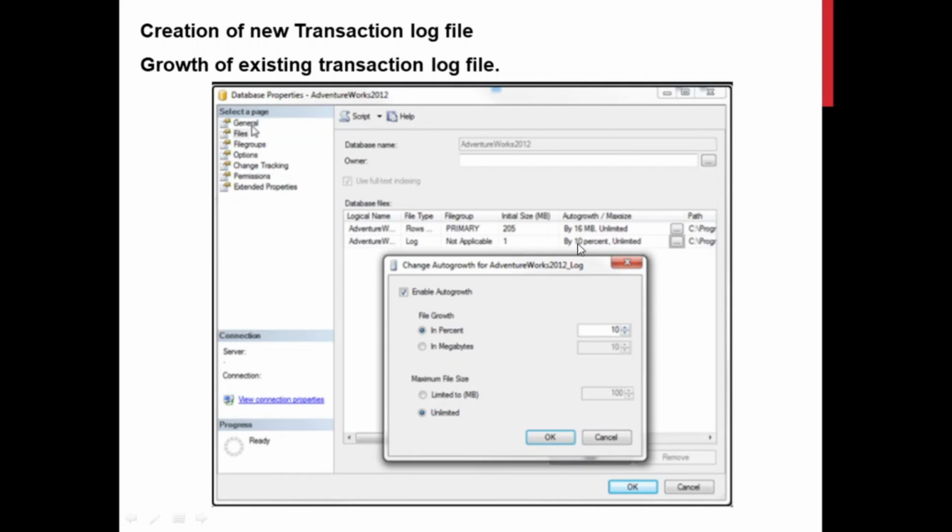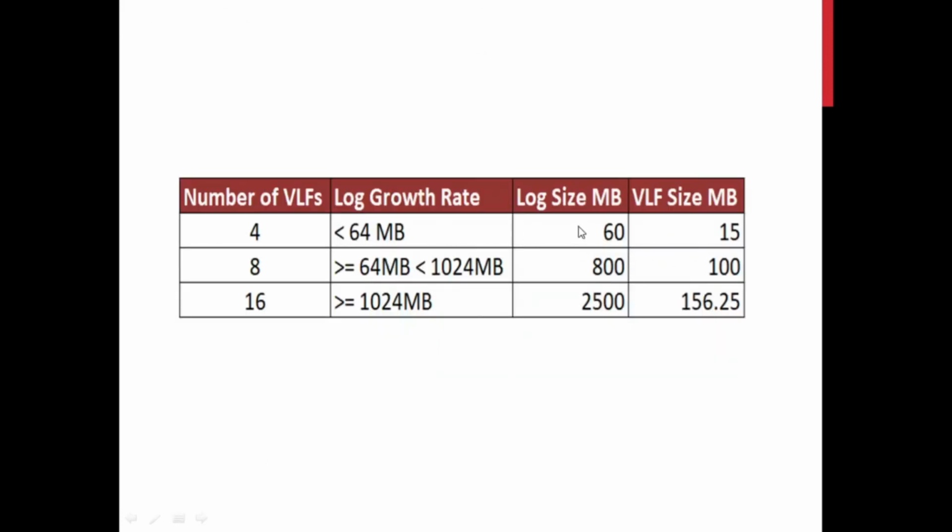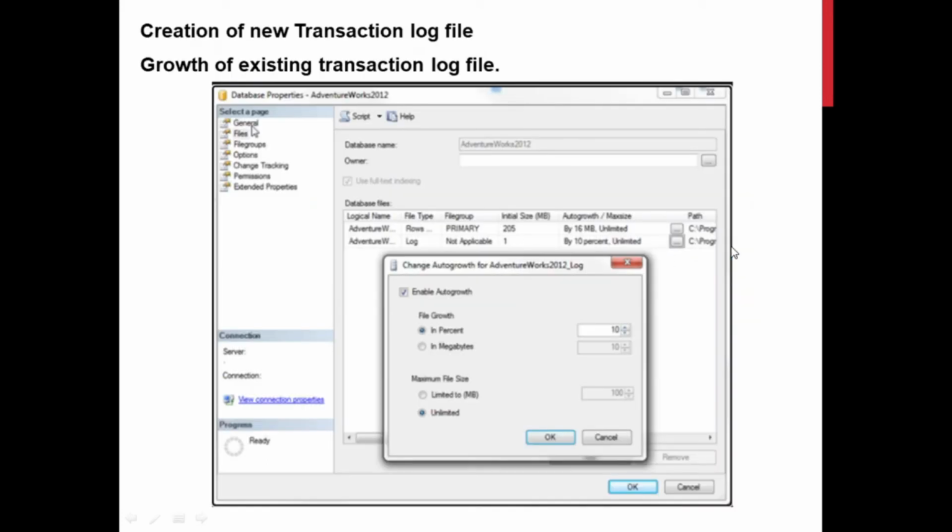Because 60 MB is less than 64 MB, it is going to have 15 MB virtual log files. So after auto growth, it is going to have 60 plus 60, 120 MB, with 8 virtual log files, and the size of each virtual log file is going to be the same. So that way, I think this fragmentation problem can be mitigated.